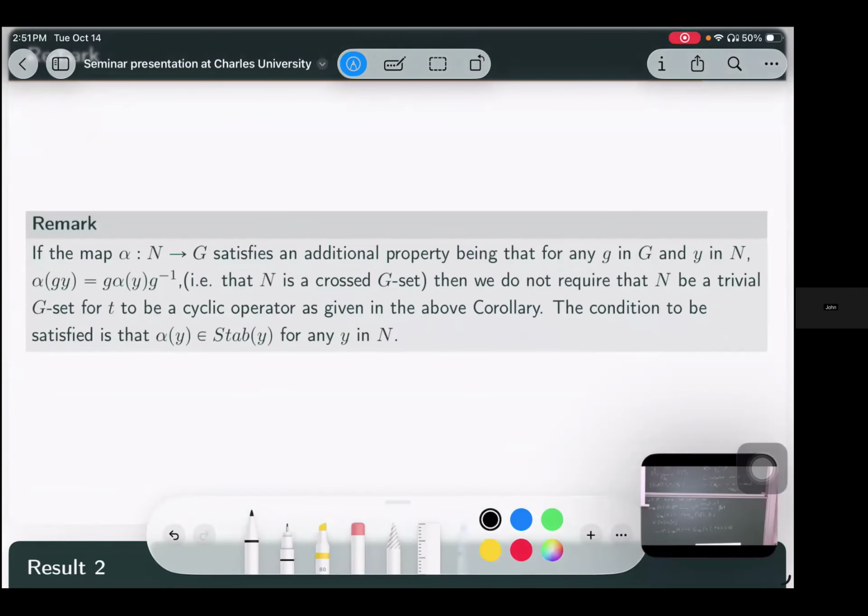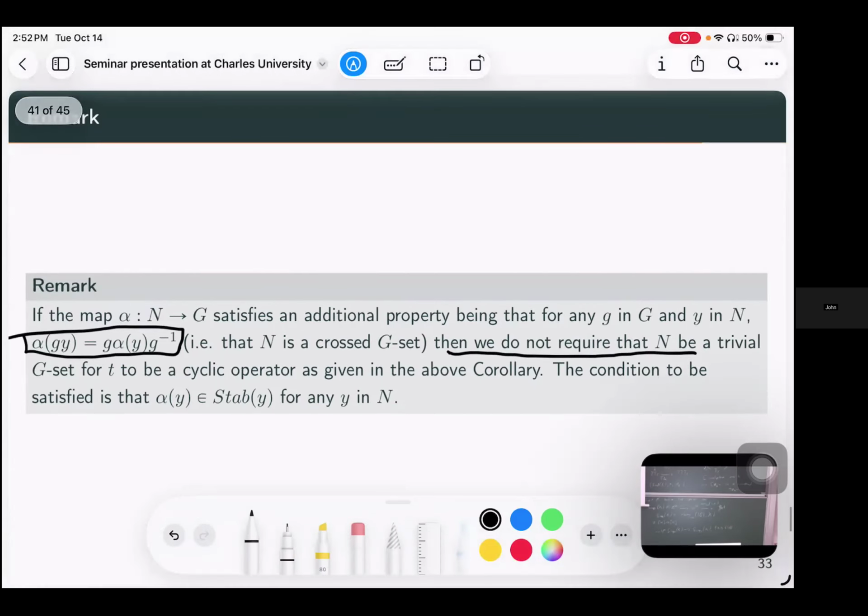As a remark, suppose alpha is a map from N to G satisfying an additional property, that alpha of g·y gives me g alpha(y) g inverse. So this is actually a crossed G-set. Think about crossed models. Then in that case, we do not require that N be a trivial G-set for T to be a cyclic operator, because up there we needed the condition that although N is general, the group must act on it trivially.